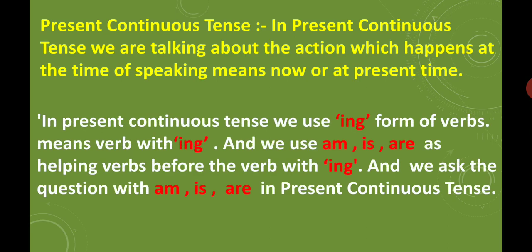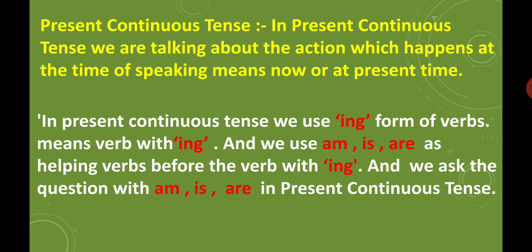Let's see what the helping verbs are and which form of the verb is used in present continuous tense. In present continuous tense, we use the ing form of verbs, meaning verb with ing, and we use am, is, are as helping verbs. So, before the verb with ing, we use am, is, are, and we ask questions with am, is, are in present continuous tense.